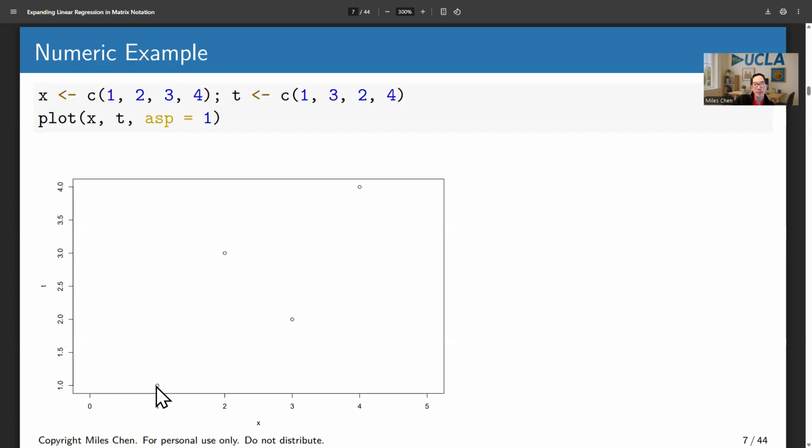I've got 4 data points: (1, 1), (2, 3), (3, 2), and (4, 4). So my input values are x, the target values are t, or you can also think of it as our y, and we want to fit the line that is going to minimize the sum of squared residuals, or the mean squared error.